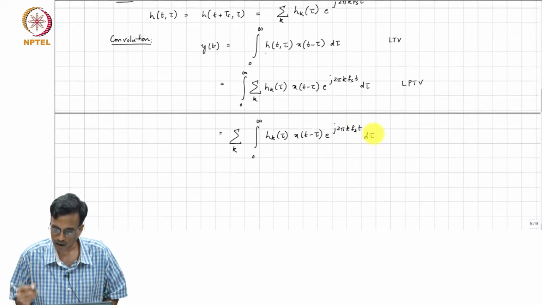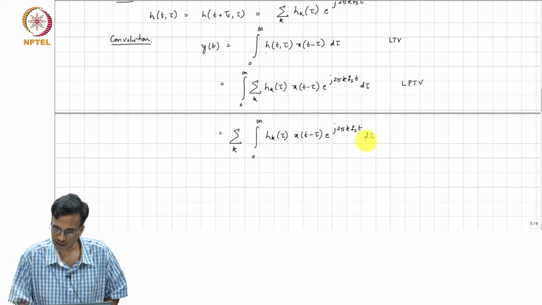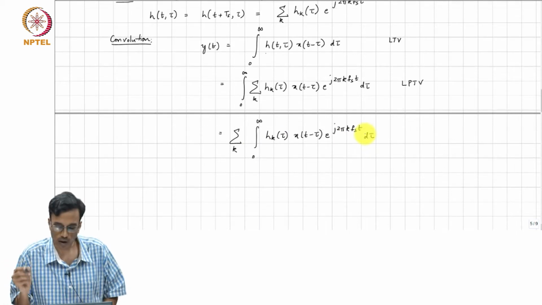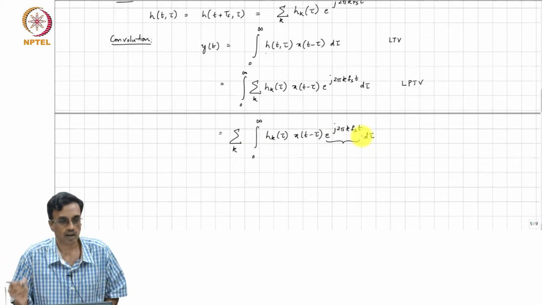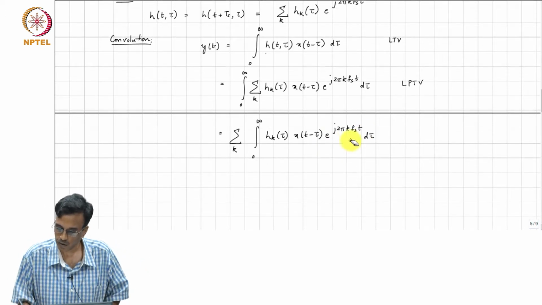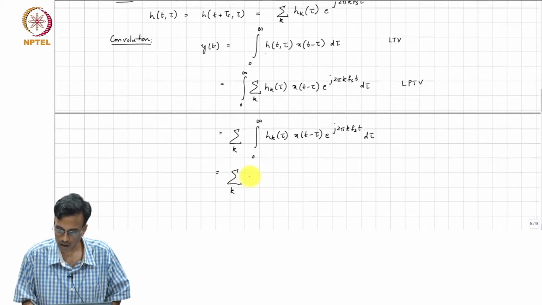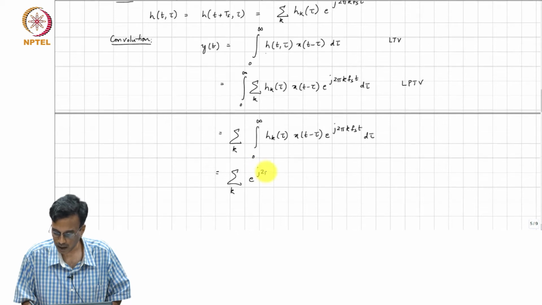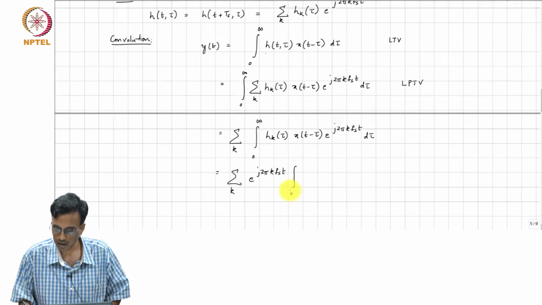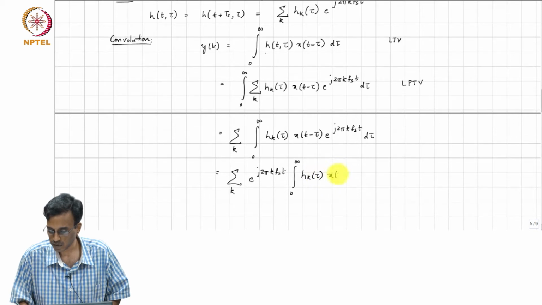All right. Now, if you stare at this, what do you notice? The integral is with respect to tau, whereas this has got no tau in it. So, this can be moved outside the integral, and therefore, this is nothing but the sum over k e to the j 2 pi k f s times t integral h sub k of tau x of t minus tau d tau.